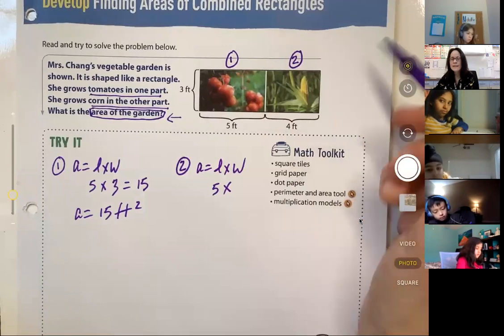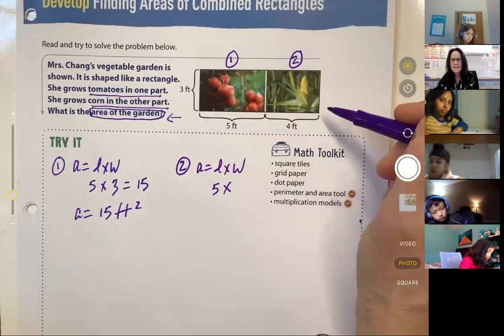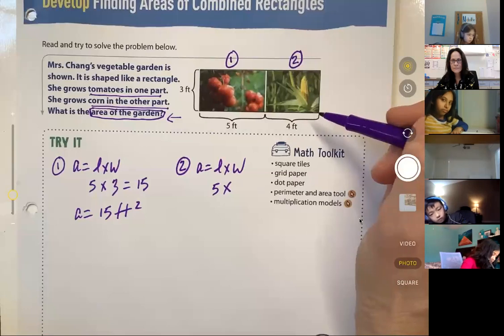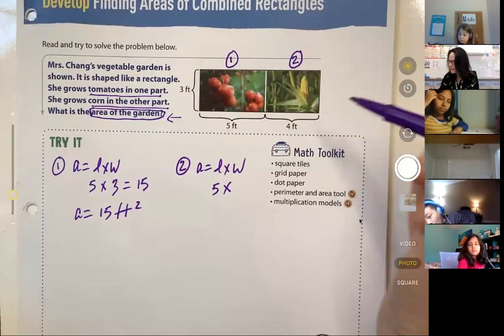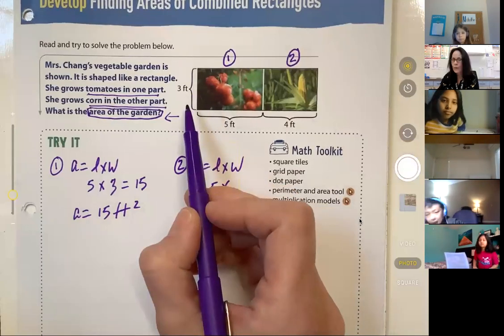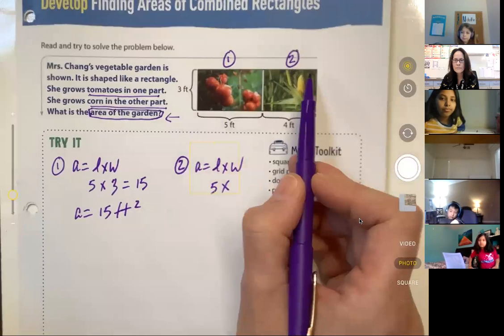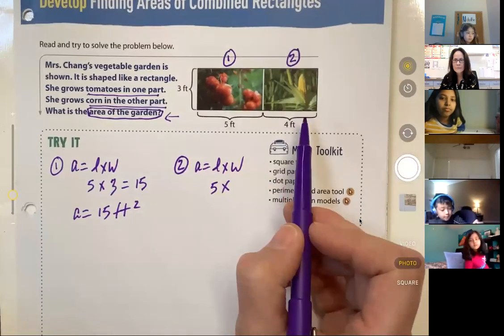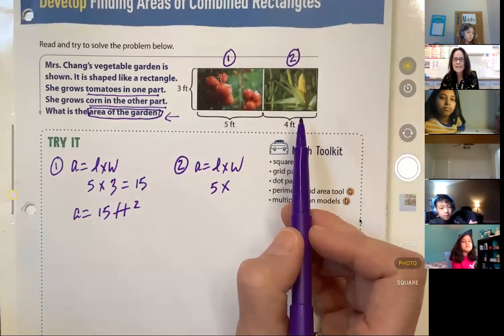Just because, friends, it is not identified here doesn't mean that it's not identified elsewhere. You can see that the width for the tomatoes, the width for the corn, it's the same, even though it's not explicitly identified or written down.